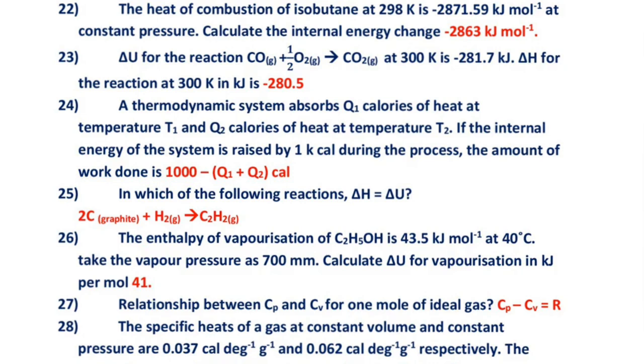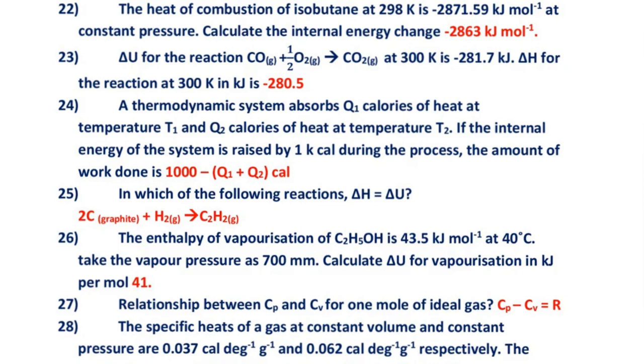The enthalpy of vaporization of C2H5OH is 43.5 kJ per mole at 40 degrees Celsius. Take the vapor pressure as 700 mm. Calculate delta U for vaporization in kilojoule per mole. 41.